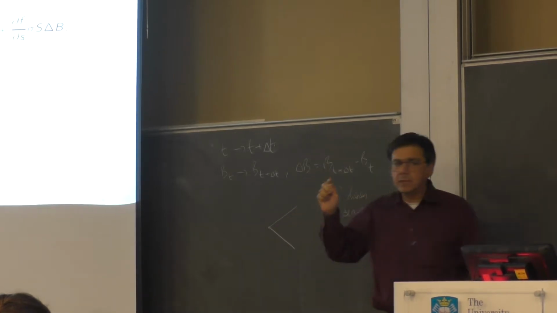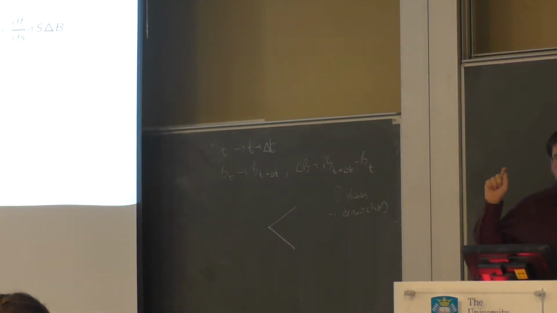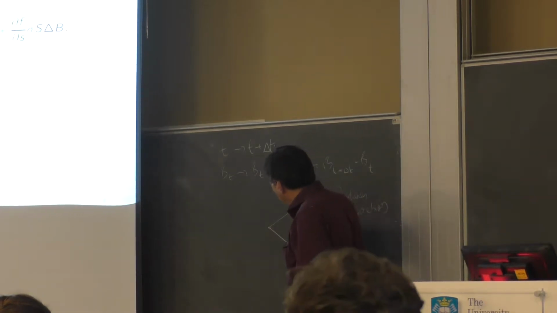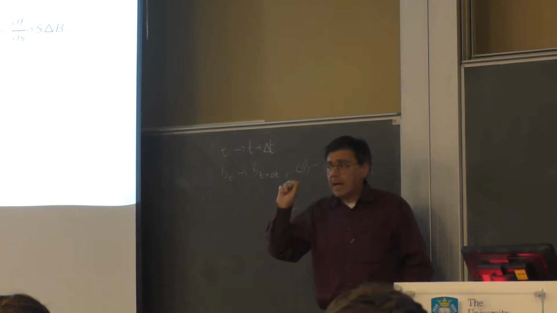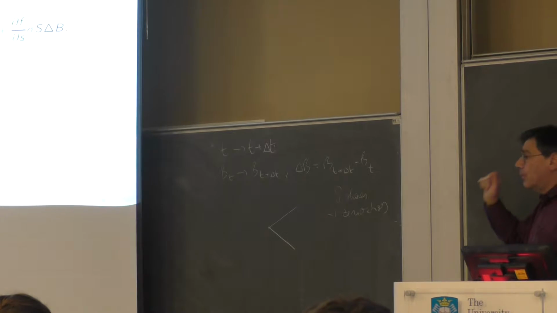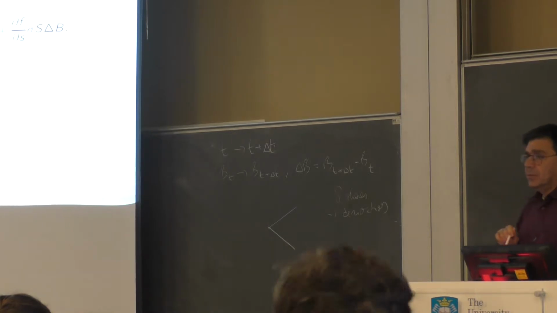And then let's choose delta very carefully so that no matter where you find yourself after one step in time, the value of the portfolio is the same. And if we managed to do that, that allowed us to find a formula for the price of this derivative.